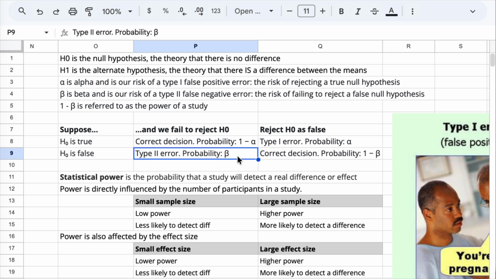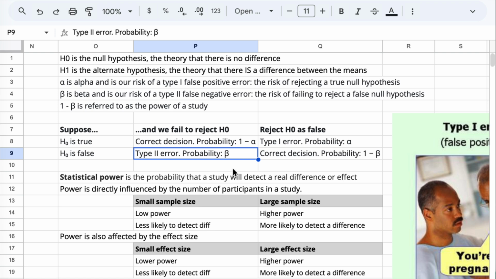We usually choose 0.05, but our beta is a bit harder to determine. What our probability of a type 2 error is, what we do know is it depends on our choice of alpha among other factors, along with sample size and effect size and other things.